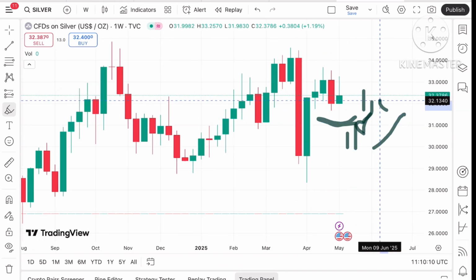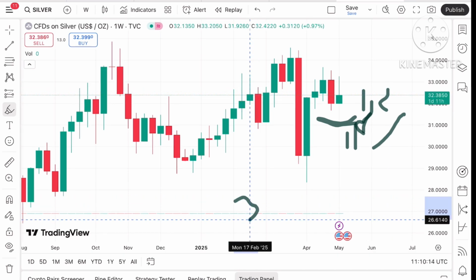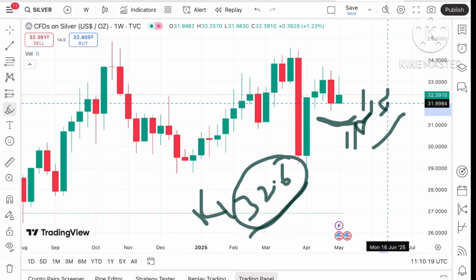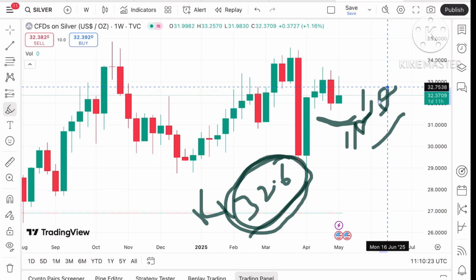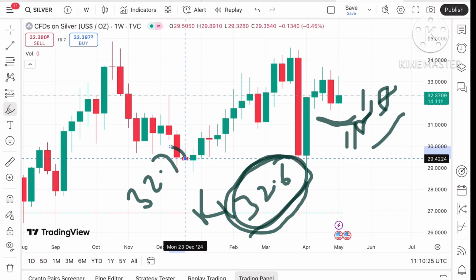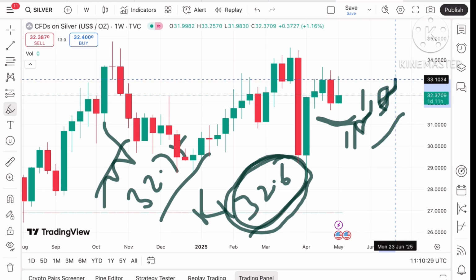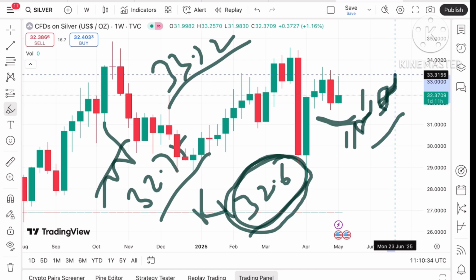Suppose it starts sustaining this level, we can see the next resistance coming at a level of around 32.6. This is the next resistance, or resistance 1, and if it starts going up from this level, it can cross a level of $32.75 because that level is already being tested. Chances are high the price will move upside and touch a level of 33.12, which has also been tested.